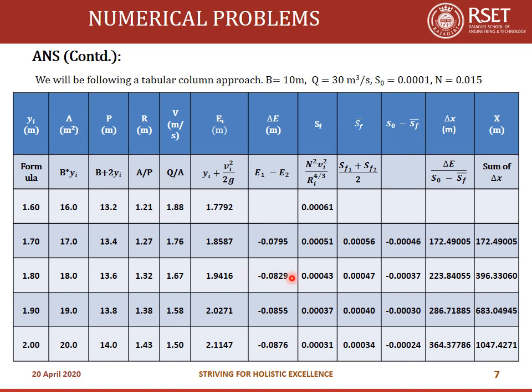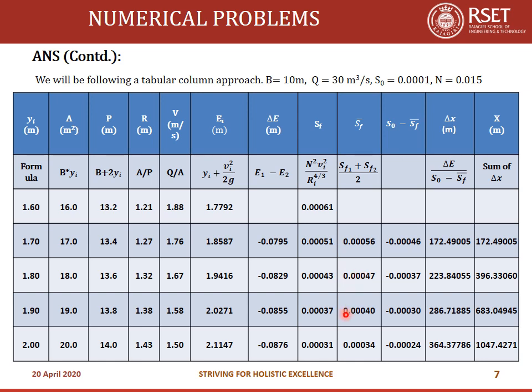Now once you get delta E, you can calculate SF, and SF bar would be 0.00051 plus 0.00043 divided by 2. That is, these two values divided by 2 will give you this average value. So the immediately preceding cell plus this cell divided by 2.